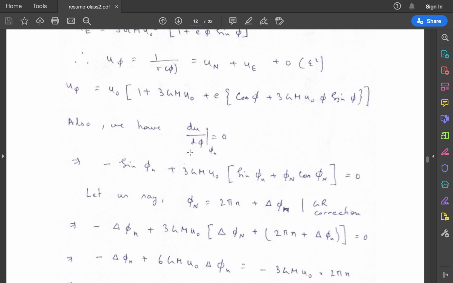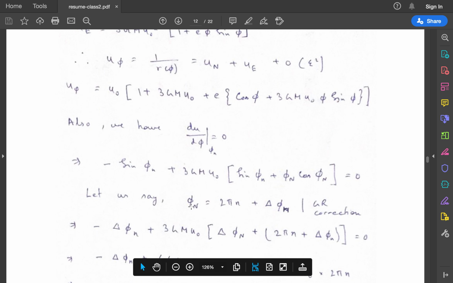We know that there is always a perihelion, for which du/dφ is 0. Let us say this happens at φn. For every 2π there is a zero. If I put this in the solution and solve, we get minus sin φn plus 3GM u0 plus sin φn plus φn cos φn equal to 0.